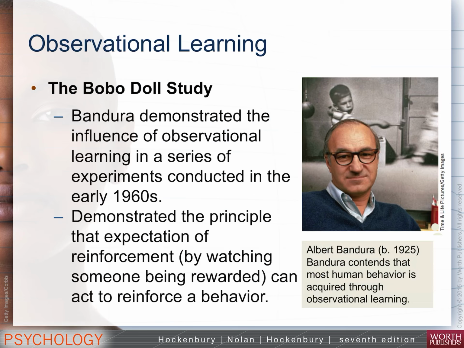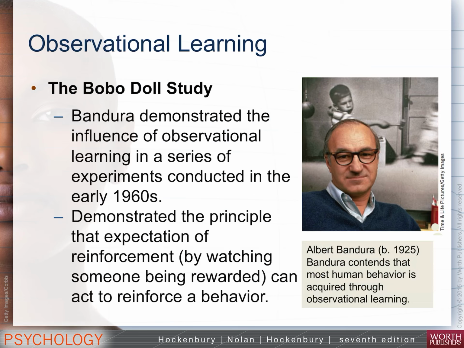Maybe she got something taken away from her, like a car or something. And then you say, okay, well, I'm not going to do that because she got punished for it. And so you're learning through observation. You observed her behavior and it changed the likelihood of you doing that. And so that's really, down to the basics, what observational learning is.